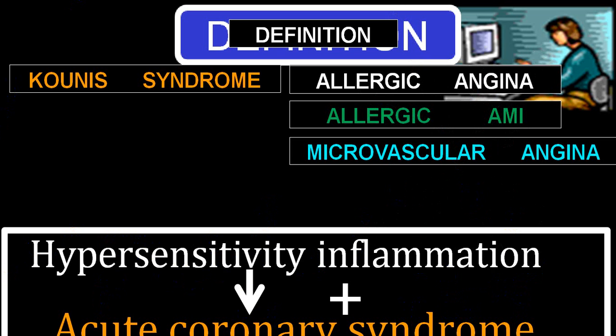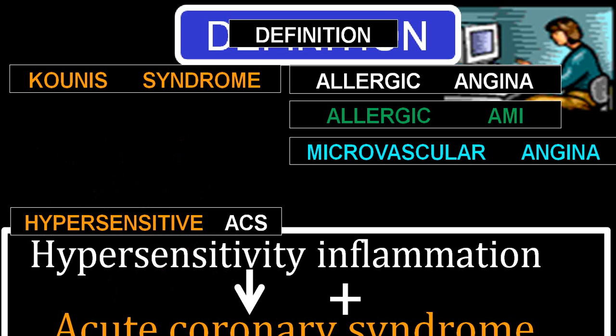Very frequently there is a sudden allergic manifestation. A classical example is anaphylactic shock, which will have hypersensitive inflammation involving the coronary artery, may lead to angina or even acute myocardial infarction. That is called hypersensitive acute coronary syndrome, or also labeled as Kounis syndrome.